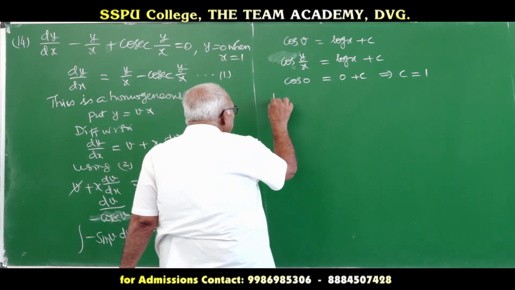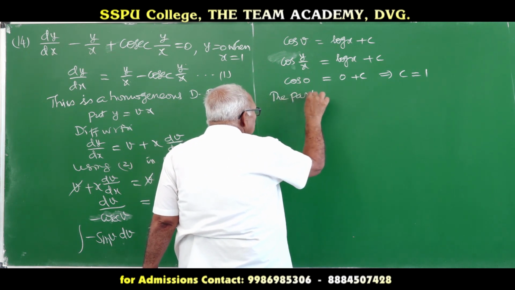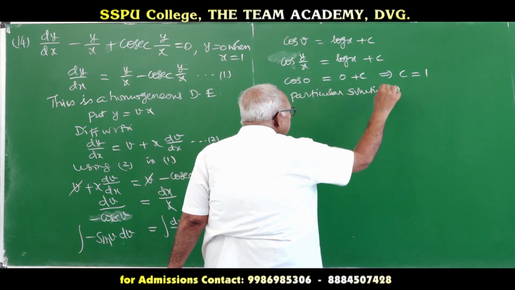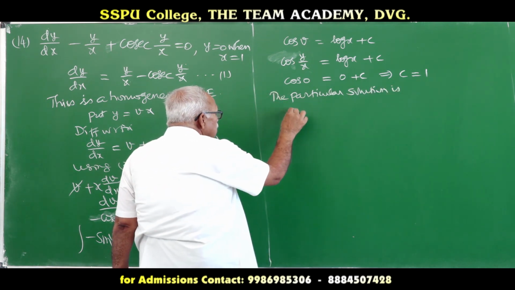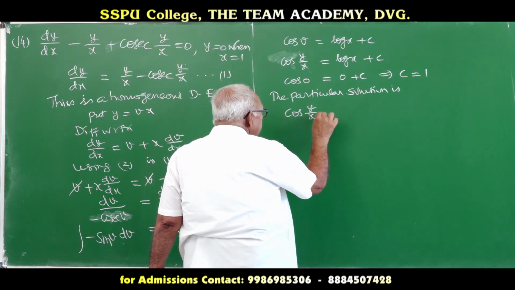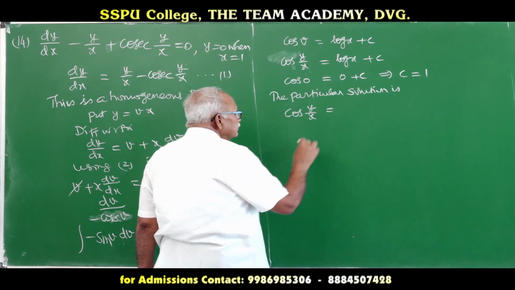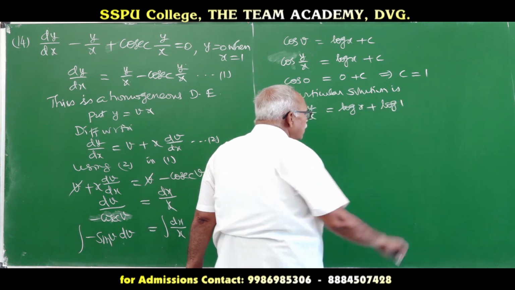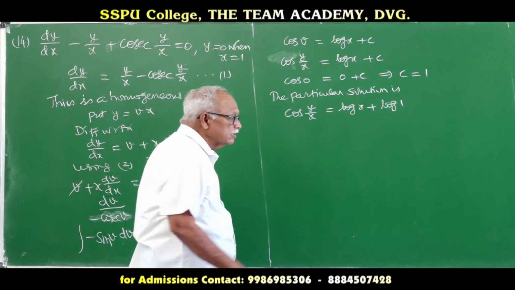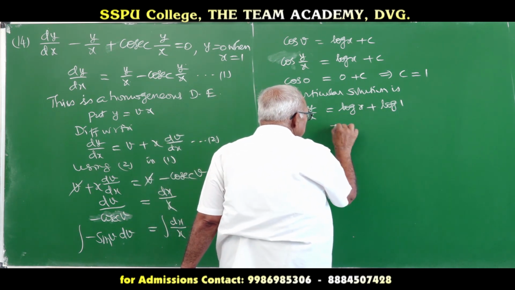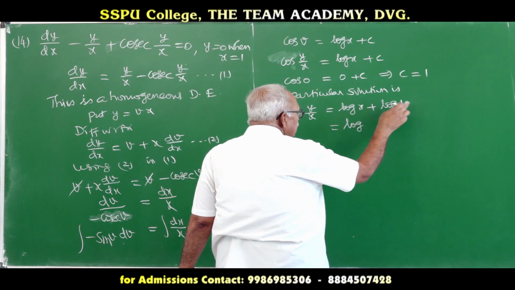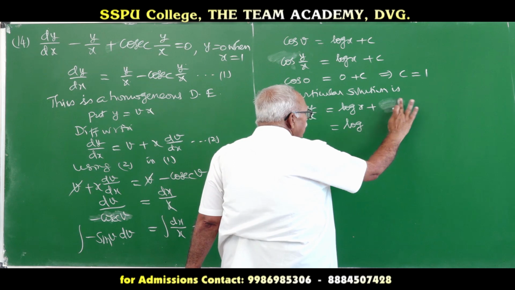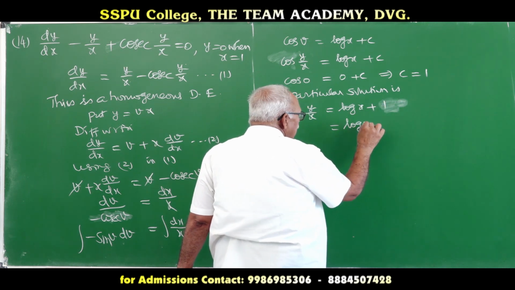Now, the particular solution is cos y by x is equal to log x plus 1. In the previous problem also we have written this as 1, and 1 can be taken as log e.